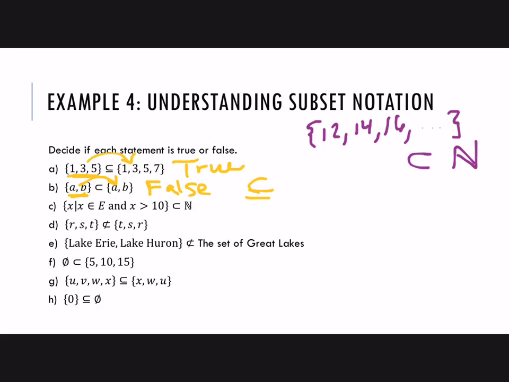Yes, it is, because this set does not actually equal the natural numbers. It's missing all the ones less than 10, and it's missing all the odds. And, okay, so they're not equal, but all the ones on the left were taken from the natural numbers. It's a part of that larger set. It's contained in it. So that is a true statement.